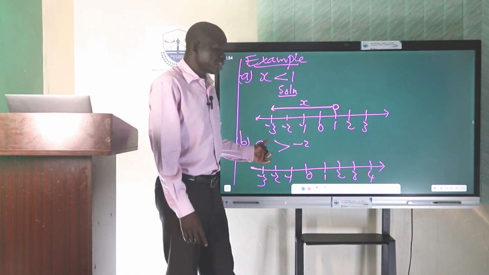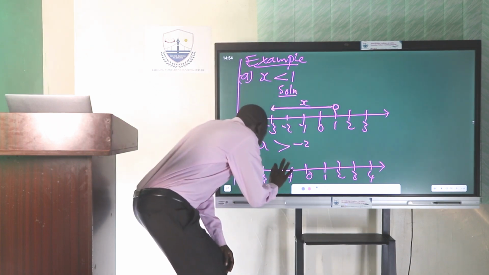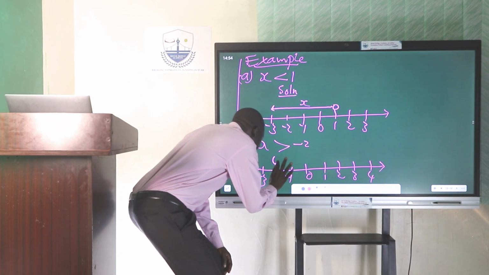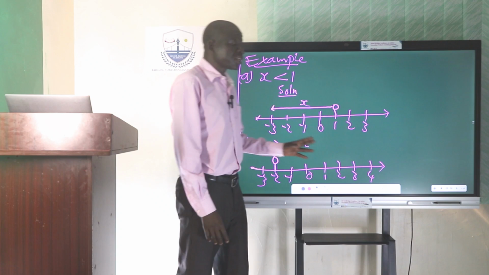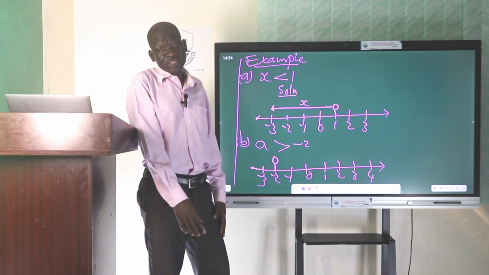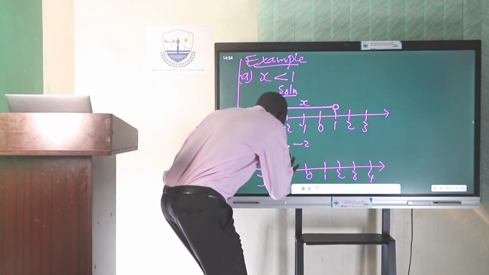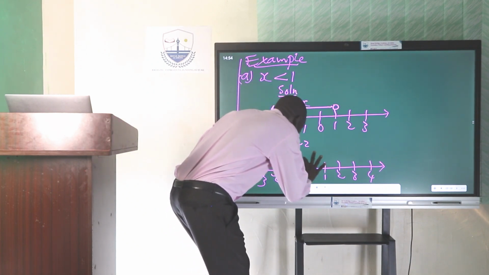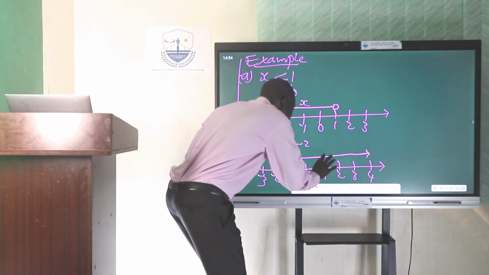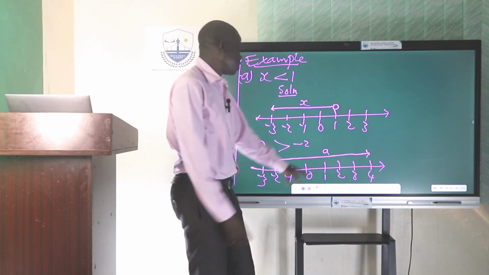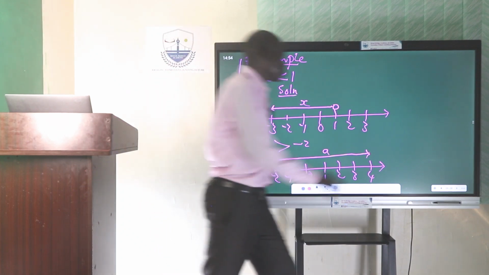We are told that x is a figure that is greater than -2. So we locate -2 there. Figures greater than -2 are on the right-hand side of -2, so our arrow will go to the right. We draw a line to the right, like that, and then we put x. So x is a figure that is greater than -2.